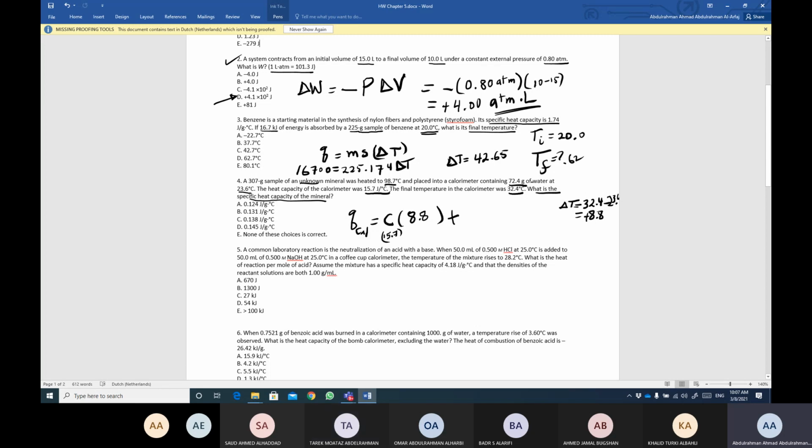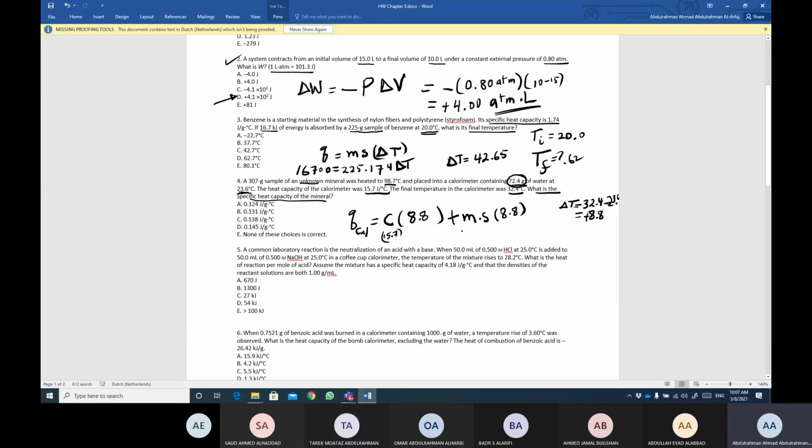Because there is also water, and the water is given to you here. 72.4 gram of water. What's the heat of the water then? It will be 72.4 multiplied by 4.18. MS times 8.8 also.